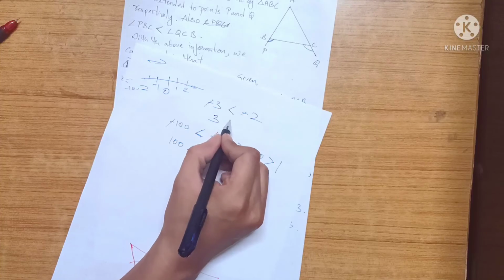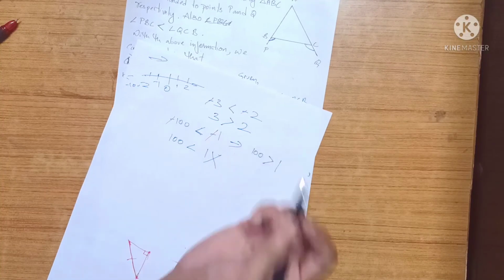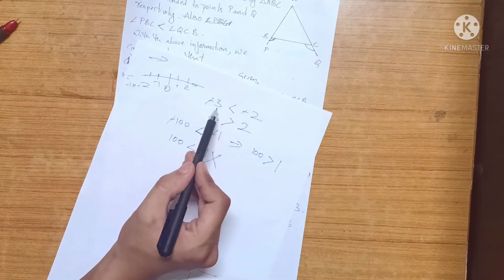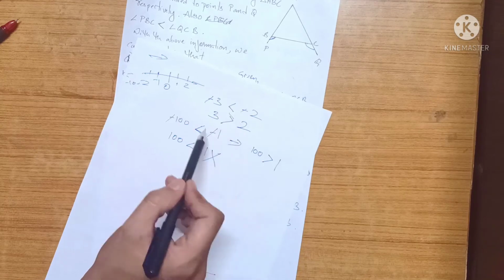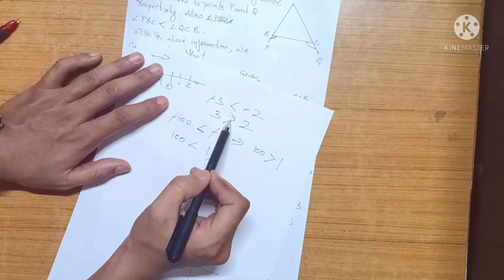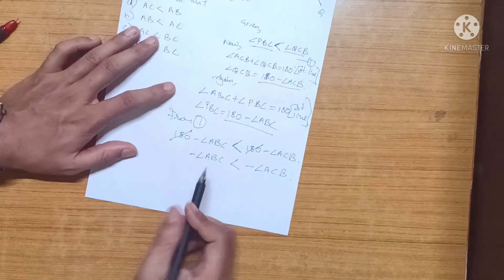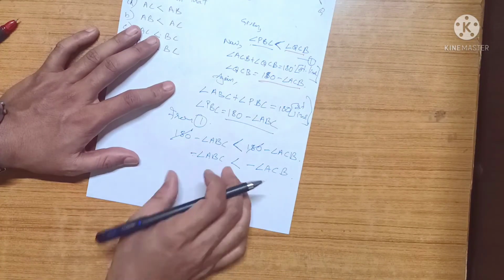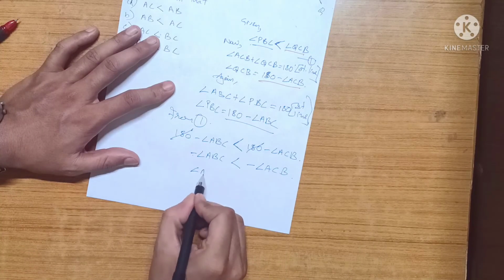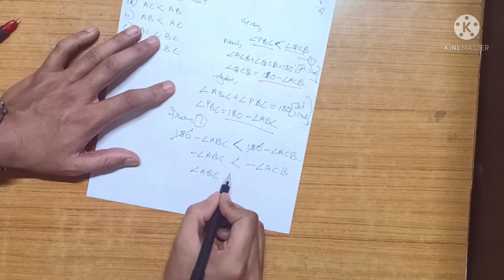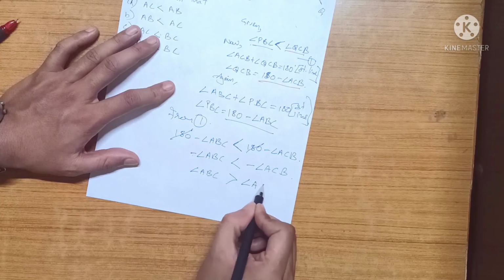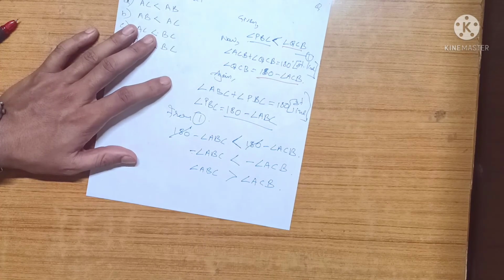Like 2 cannot be larger than 3 obviously, but 3 is larger than 2, so the sign reverses. So this negative and this negative are there, and if we remove the negatives, this will turn this side.